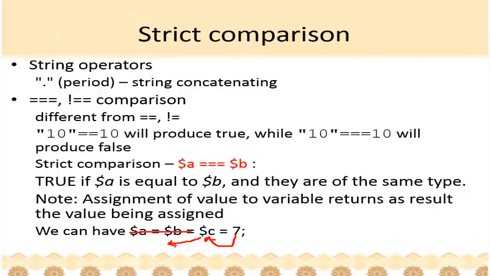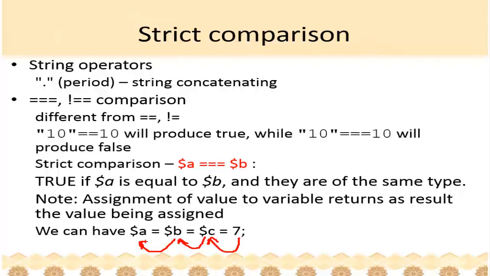Now, you can use that for initializing more than one variable. What is being done over here is, when I assign 7 to C, it assigns it to C. Because it returns it back, I assign it back to B, and I assign it back to A. So the ultimate result is, all the variables are automatically initialized to the value 7.